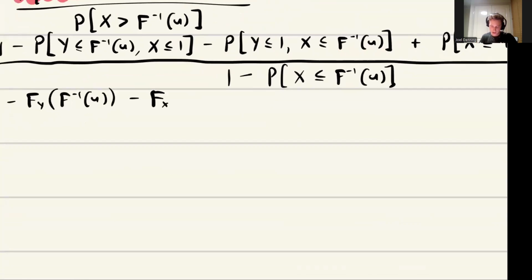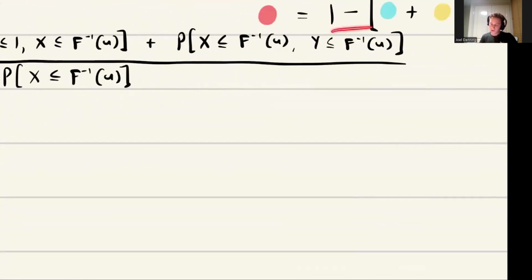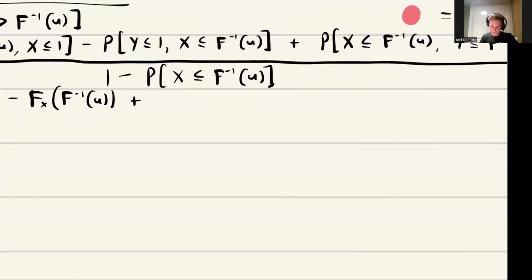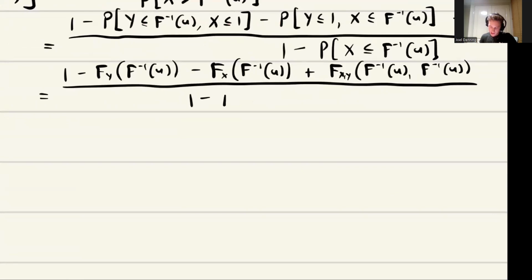So F of x, f inverse of u. And then this last term is going to be the joint CDF of those two. Right? Both at the same value there. And then that's all over 1 minus the CDF of x at that point u.